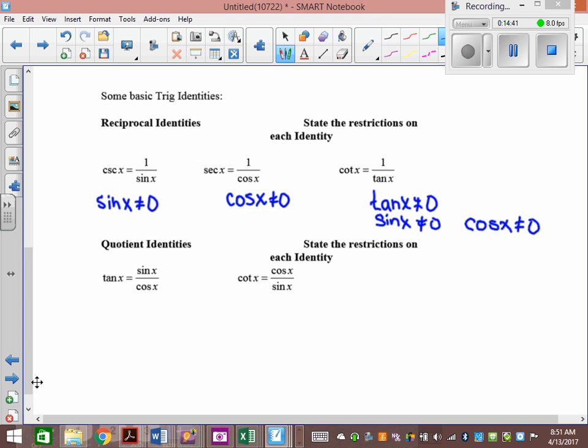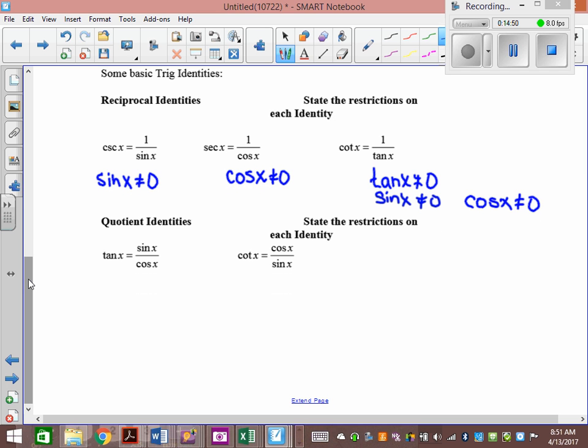So if ever you have tan or cotan in the denominator, you have to tell me all the places where sine x and cos x can't equal 0. If you just had tan, you tell me where cos x can't equal 0. And if you just had cotan, you tell me where sine x can't equal 0. We'll do examples of that on the next page.